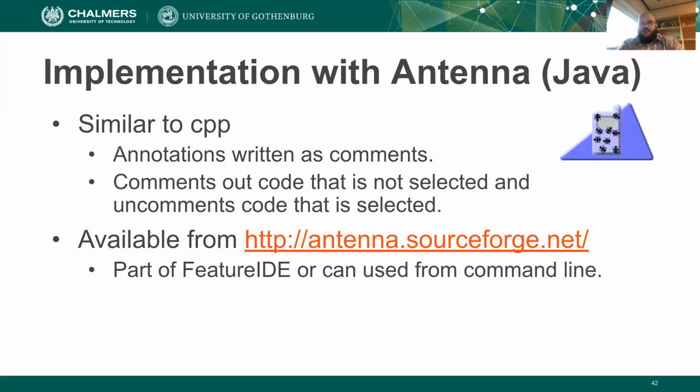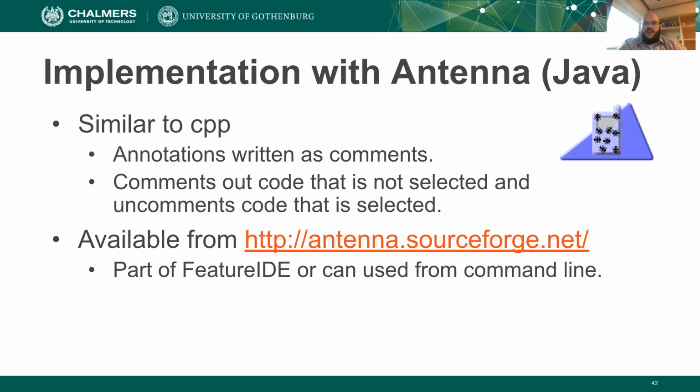Antenna is an external tool that operates in Java code and can be used with any number of code editors or can integrate into your existing build process pretty simply. It mimics the syntax of the C preprocessor, but preprocessor directives are written in comments, right? So they don't interfere with existing code editors. Instead of removing code fragments, Antenna comments out code fragments that are annotated with deselected features.